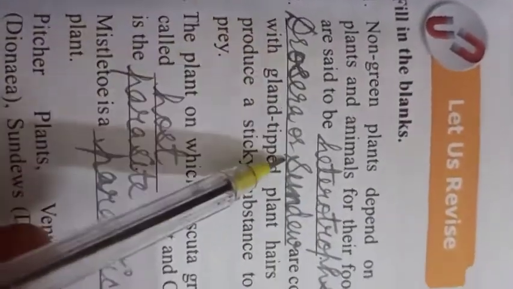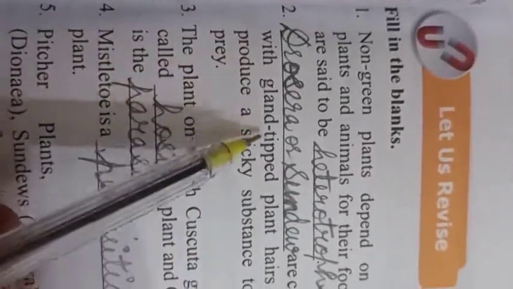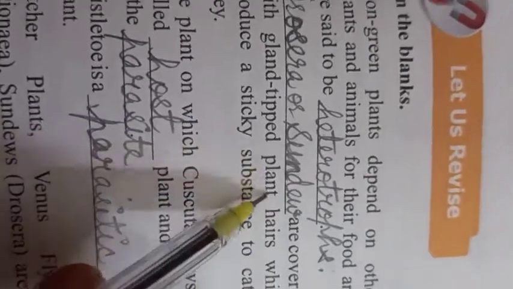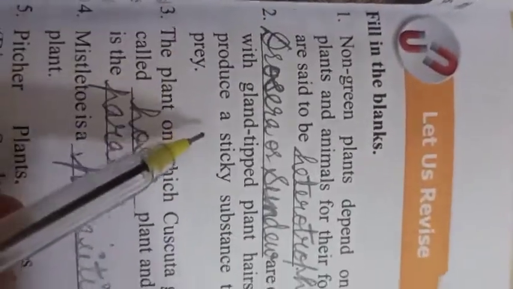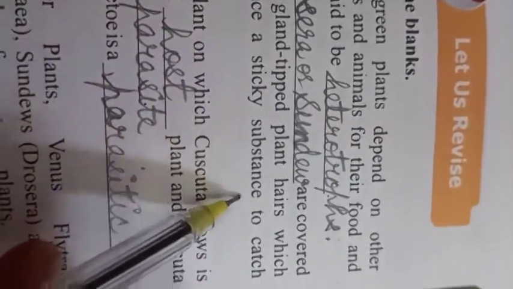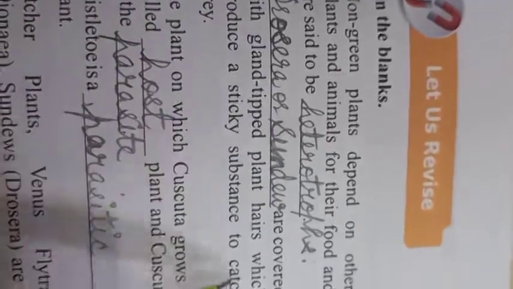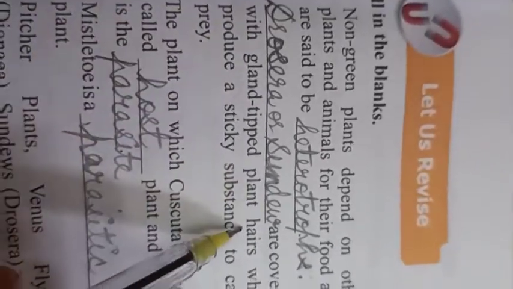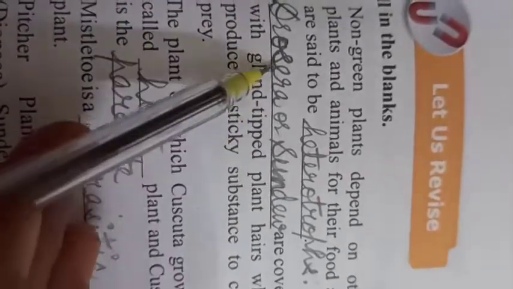Second is dash are covered with gland tipped plant hairs which produce a sticky substance to catch prey. Children, this statement is given for insectivorous plants. Okay, but which kind of insectivorous plant?